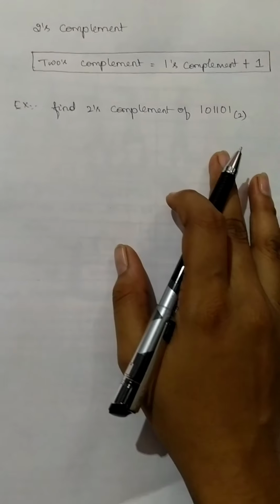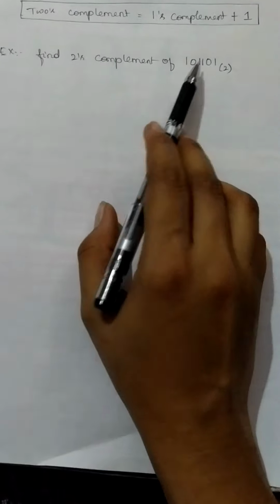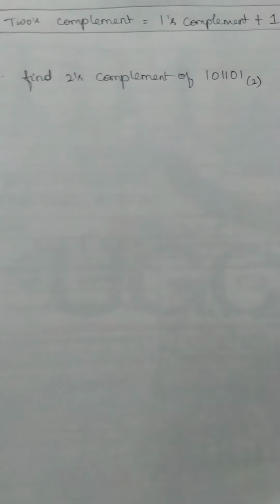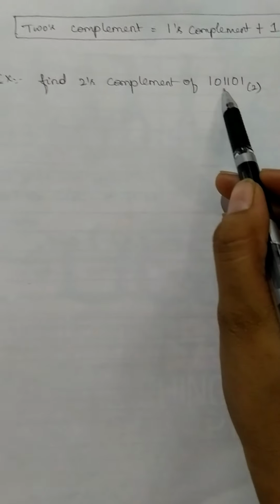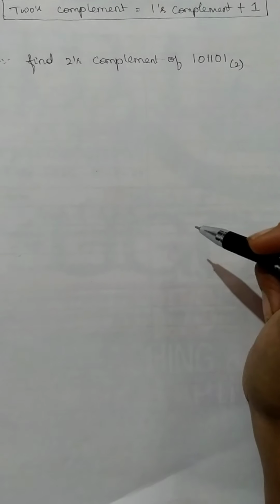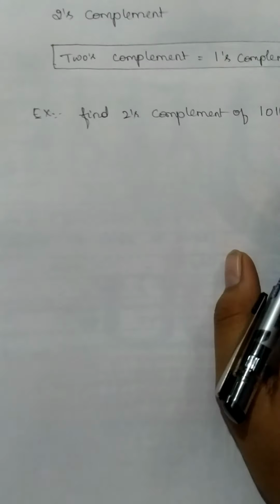Now we'll see an example of how to convert a given binary value into twos complement. Here we have the question 101101 with a binary radix. This value needs to be converted into twos complement.